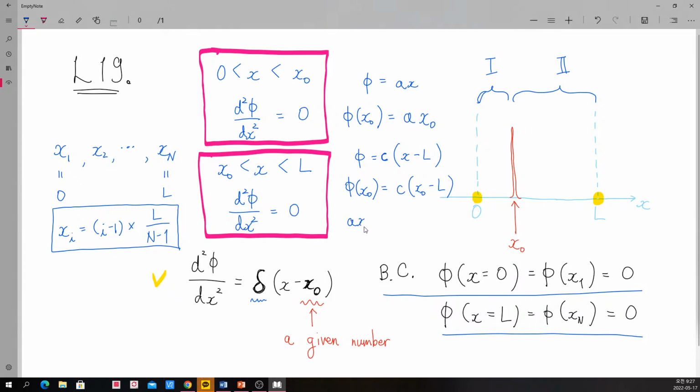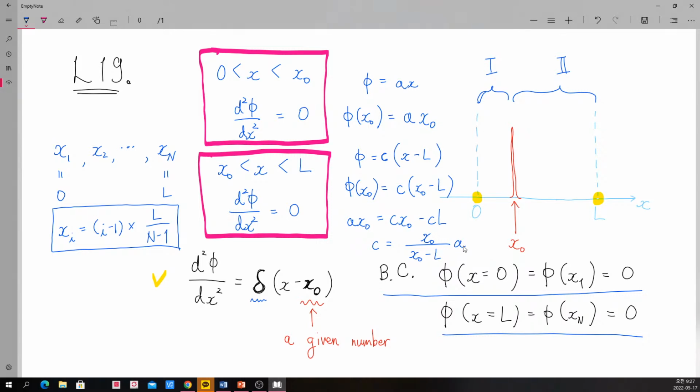So a x naught equals c x naught minus c L. Our goal is to express any of them with another quantity. So simply speaking, for example, c can be expressed as a times x naught divided by (x naught minus L). So are you all with me?